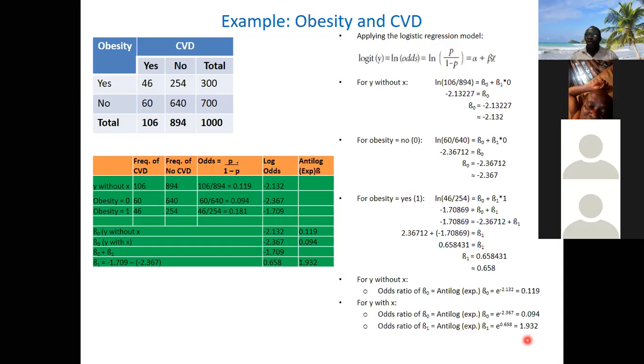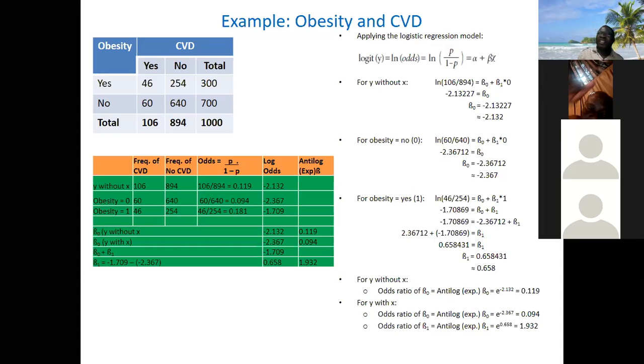So for the odds ratio, you divide the two odds. It's telling you that the people that have obesity are 1.93 times more likely to develop cardiovascular disease. Because if you say 1.93 over 1, it is telling you that for people that don't have obesity, their odds of having cardiovascular disease is 1.